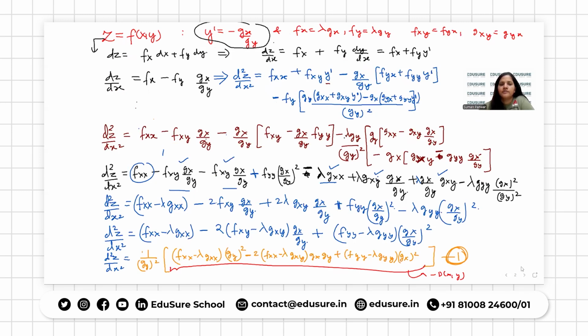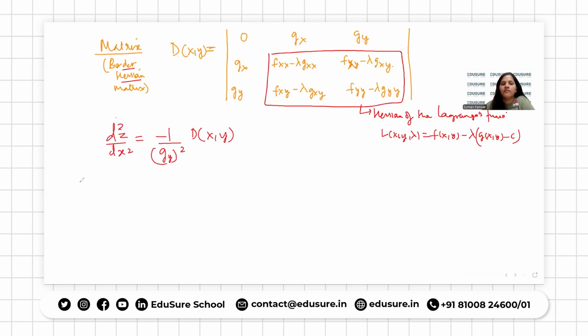Okay. So now we know that for local maxima, the second derivative should be negative. So this is equivalent to Dxy positive. And for local minima, the second derivative has to be positive.